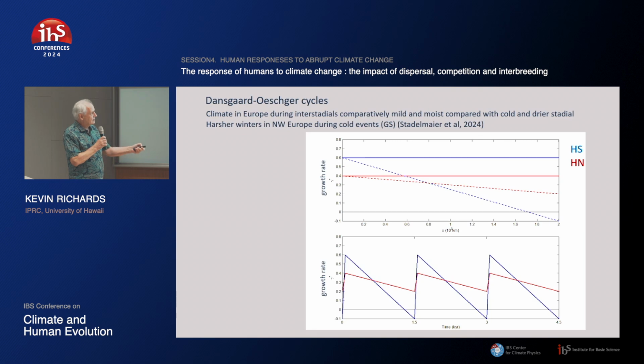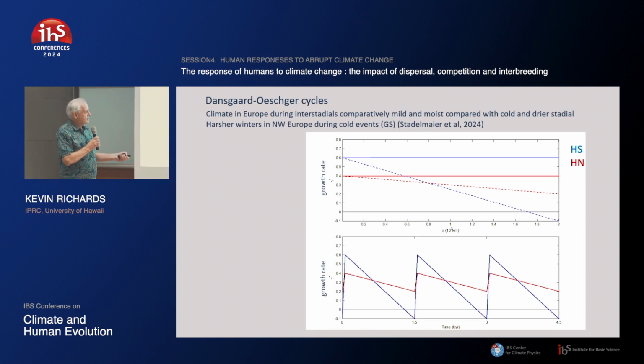Our Dansgaard-Oeschger oscillations, which is how the growth rates are varying in the far northwest, look like this. We have a very rapid increase in the growth rate and then a slower decrease as the climate cools.